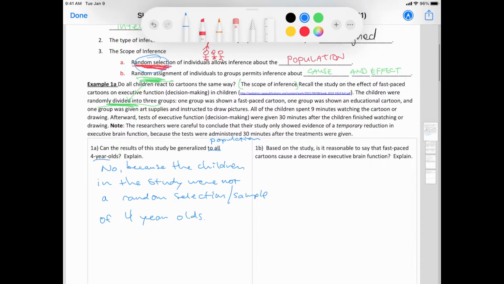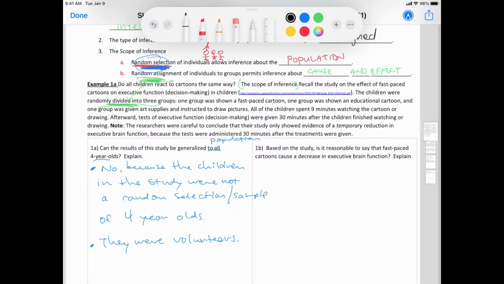Does that make sense? They were volunteers. Oh, can't spell volunteers. We didn't have here a random selection or a sample.